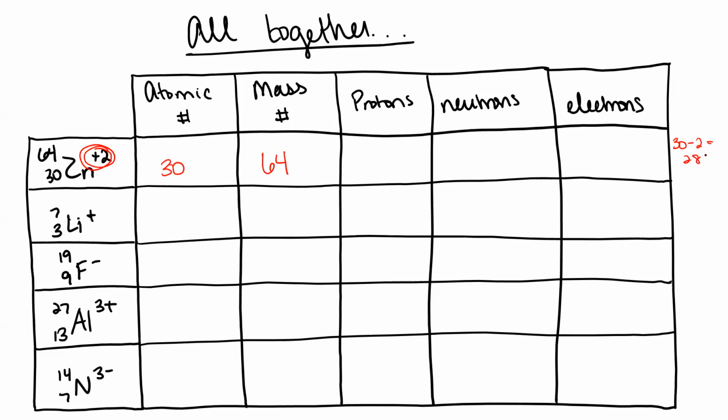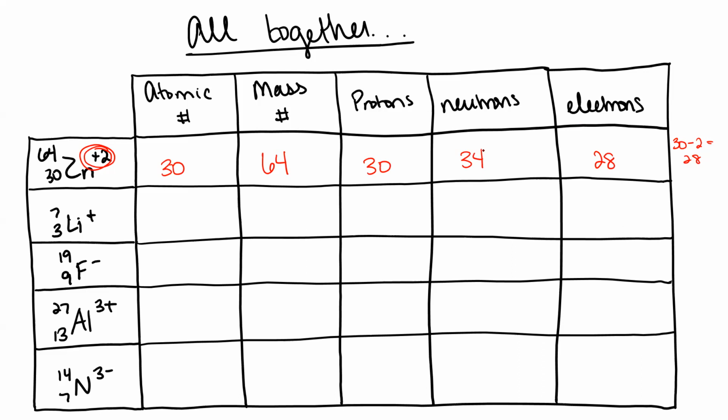So the number of electrons is 28. We know that the atomic number equals the number of protons. So we have 30 of those. The mass number is 64. 64 minus 30 gives us 34 neutrons.